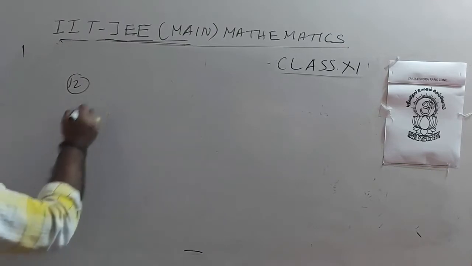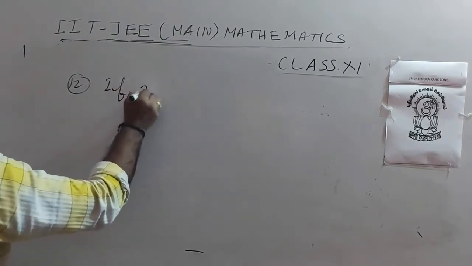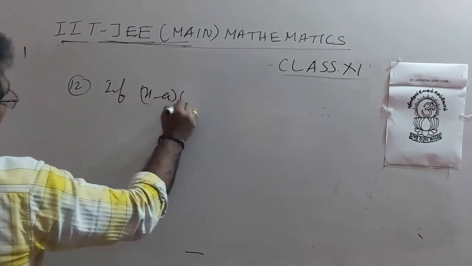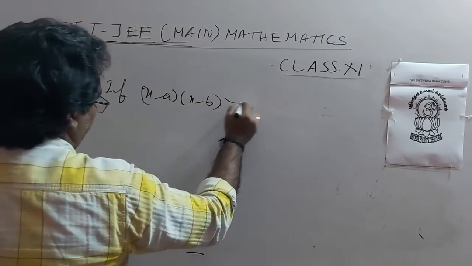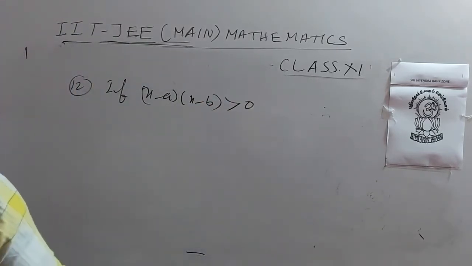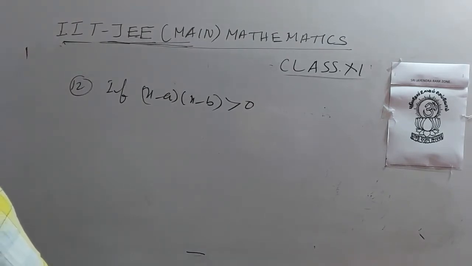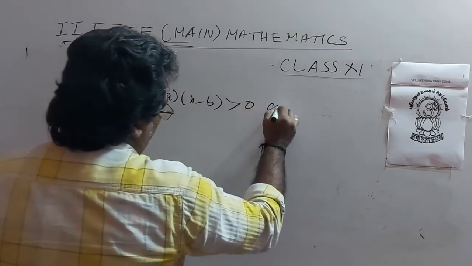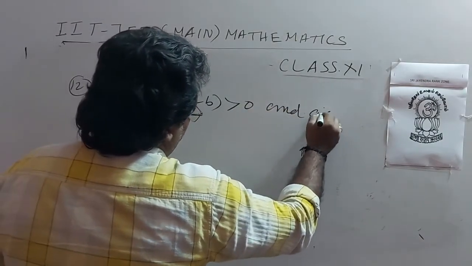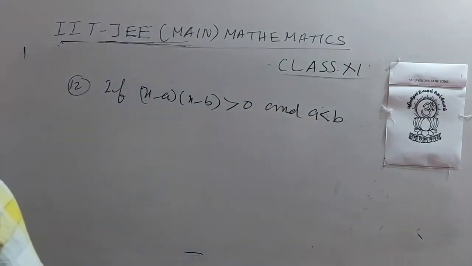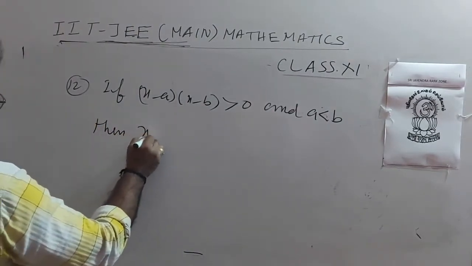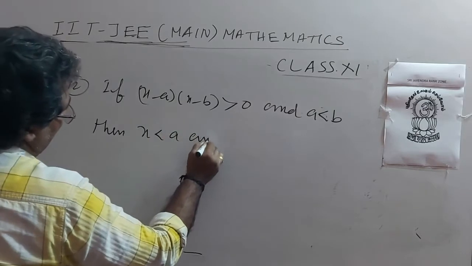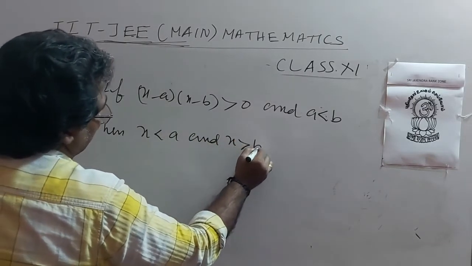Twelfth result: if x minus a into x minus b is greater than 0 and a less than b, then x is less than a or x is greater than b.